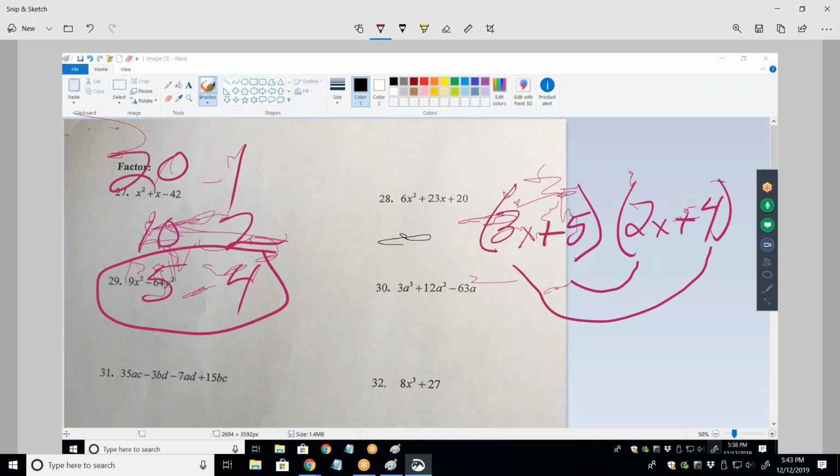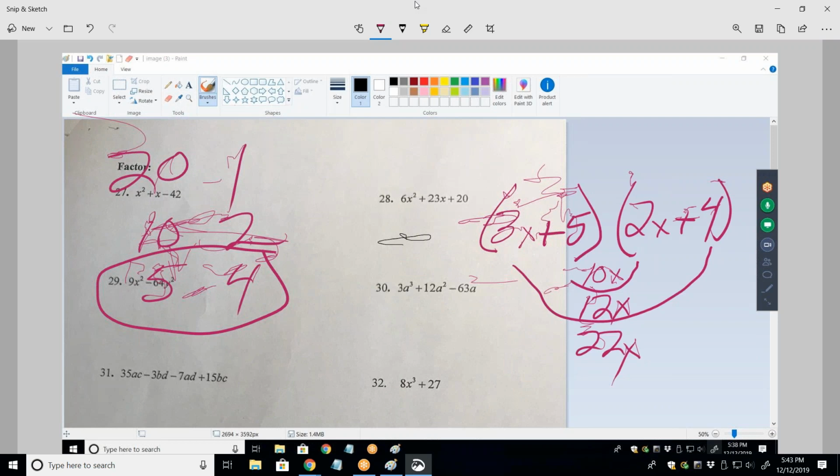And the middle term always comes from the inside and the outside, what I call my double smiley faces. Well, if I do that, that gives me 10x. 4 times 3 is 12x. That adds to 22x. Well, that doesn't work.